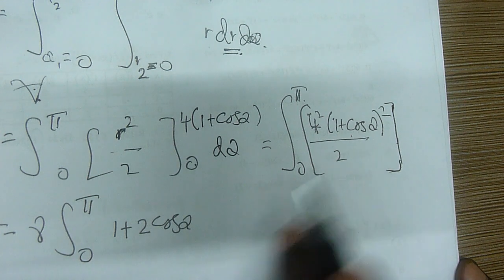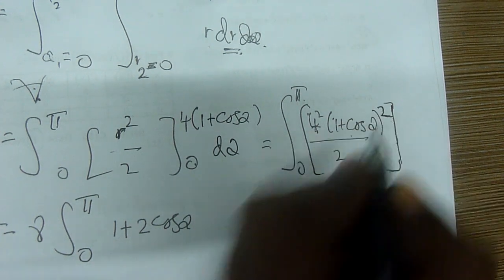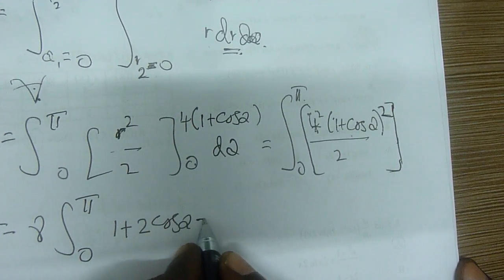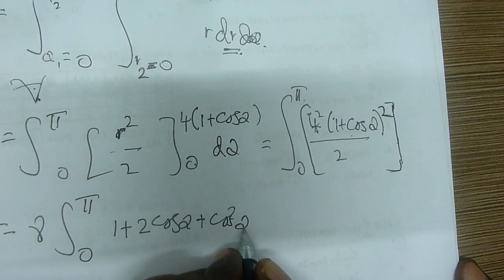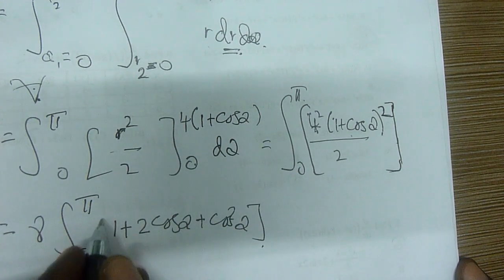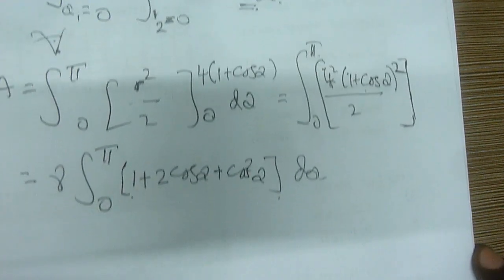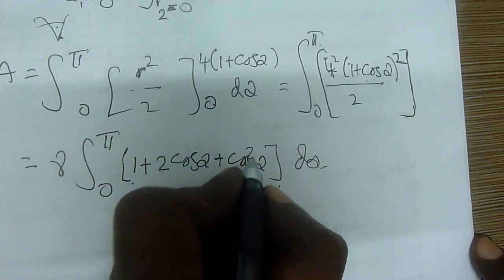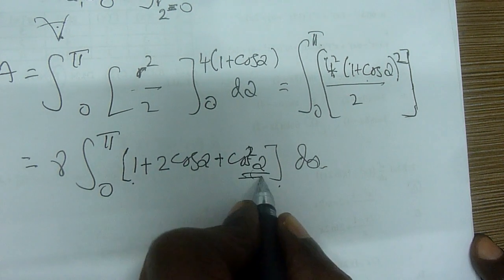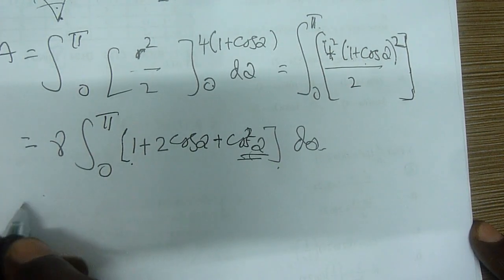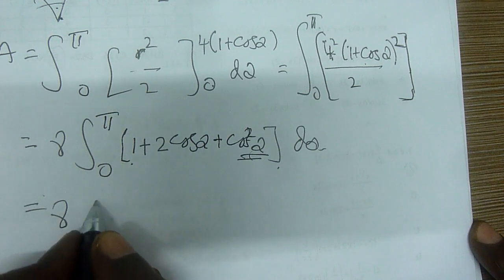Remember it's power 2, therefore you need to be careful with that. You need to expand this. You cannot straight away solve this. Therefore you need to work a little bit differently.